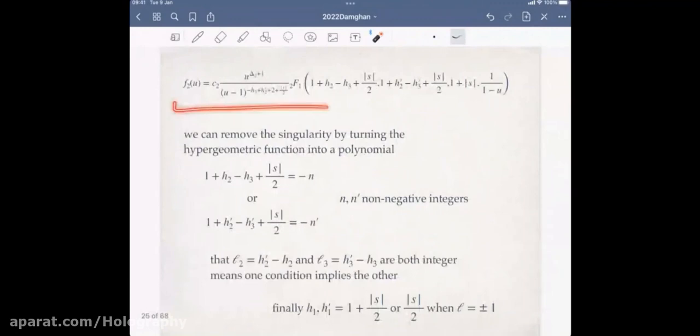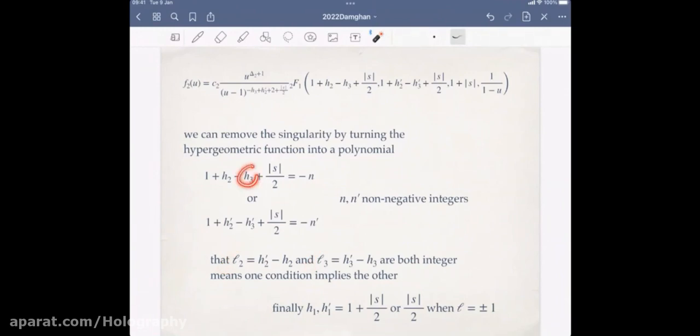Now, we have this hypergeometric, and another fact you may recall about hypergeometric functions is that whenever one of these first 2 indices is a negative integer, they have a polynomial form. So we'll take advantage of that. We'll set those scaling weights to negative integers, one or the other. And since the angular momenta L2 and L3 are also integer, that will imply a condition on the other.